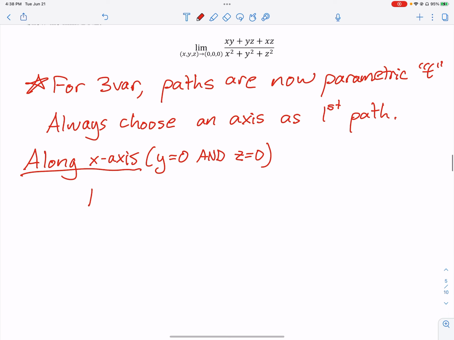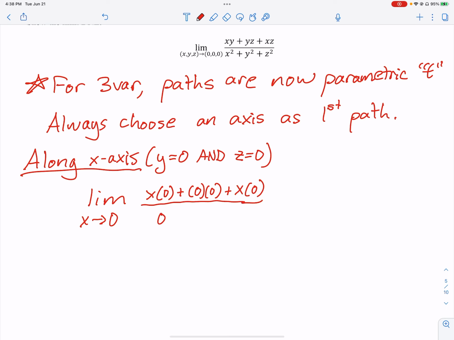All right, so we get the limit. If those are 0, we're left with just x. You could wait if you wanted to and make your substitutions and see what's left. We get x times 0 plus 0 times 0 plus x times 0. On the bottom, we get x squared plus 0 squared plus 0 squared, which gives us the limit as x approaches 0 of 0 over x squared.